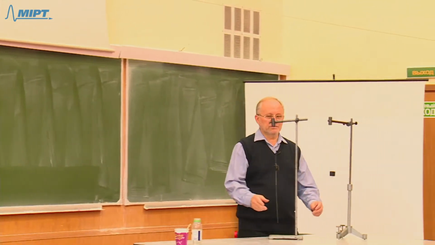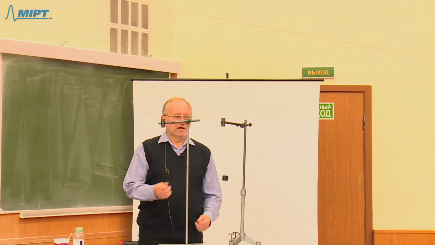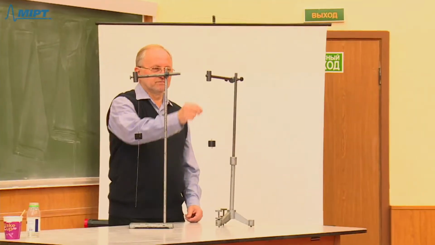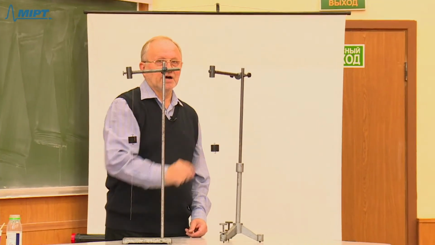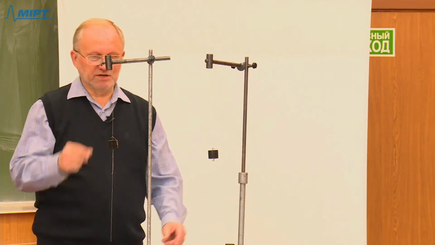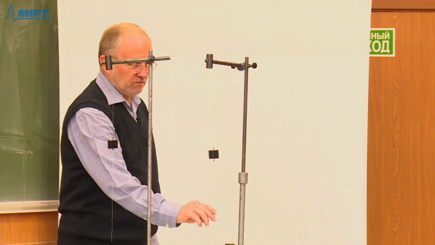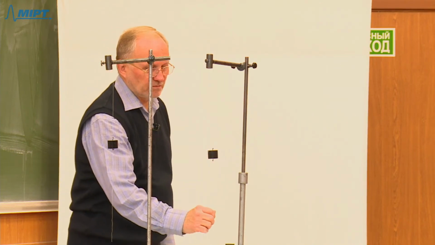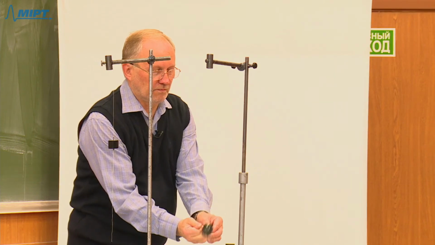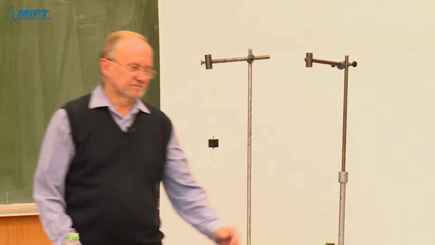So here I have two identical weights which are suspended by identical strings, this one and this one. This is the upper string. And here is the lower string, which is absolutely similar to the upper string. So if I pull the string slowly, the upper string was the first to break.